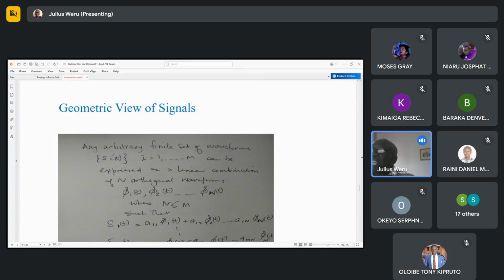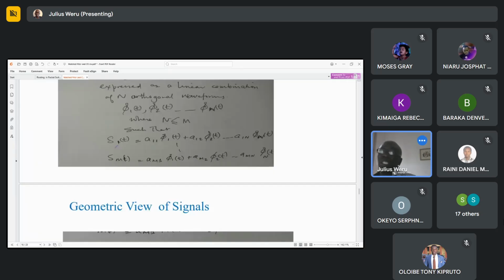We are saying each of these can be expressed as a linear combination of N orthogonal waveforms, where N is less than M. The i goes from 1 to M, the j goes from 1 to N. These are the orthonormal bases. These are the finite set of waveforms. I think it is easy when you see it that way.